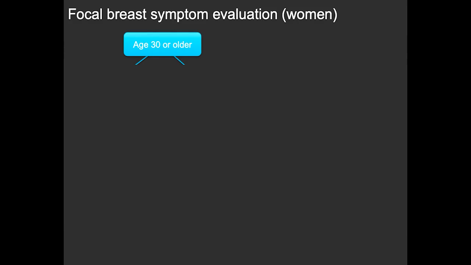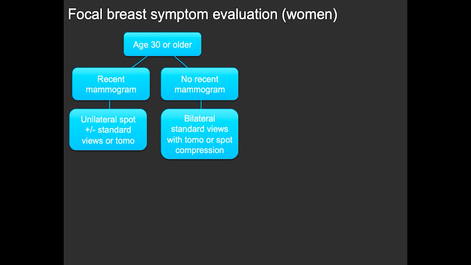So here's a summary of focal breast symptom evaluation. First, it starts with the patient's age. We're going to start with patients that are 30 and older. The first step is to determine if they've had a recent mammogram or not. If they've not had a recent mammogram, and we define that as greater than 1 year, we start with bilateral standard views with either tomo or spot compression over the area of focal concern.